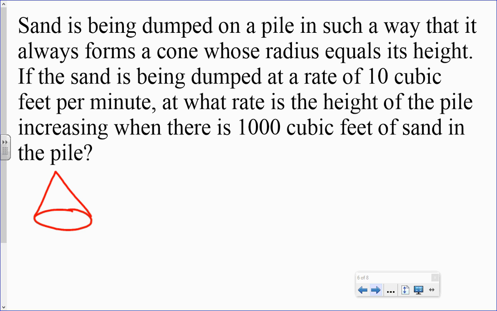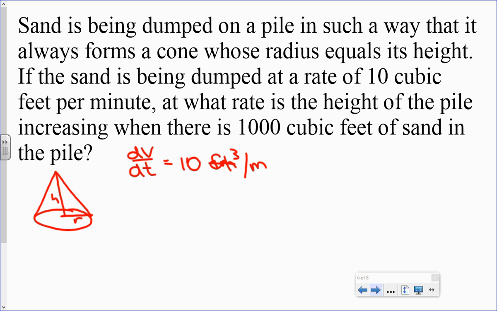So we know that we have radius and height, a part of our cone. What information do we know? We know dV dt is what? Per minute. Cubic feet. You said feet, I didn't write that down. Cubic feet per minute. Because the volume is changing, we have dV dt, because we have the rate of the volume.